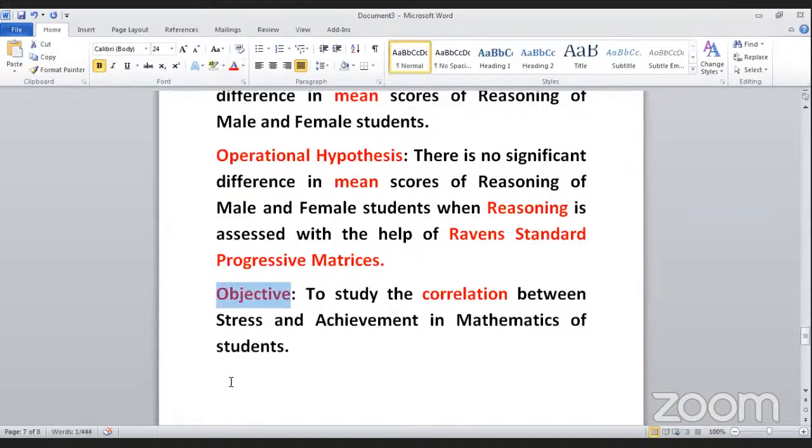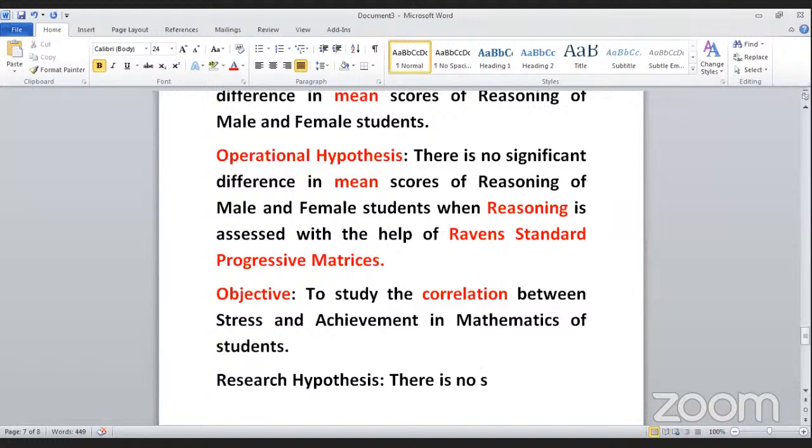So if I have to write my research hypothesis, then how do I write it? My research hypothesis is, please see, I am writing the hypothesis in the null form. But if you have a strong base, you can formulate the hypothesis in the directional form, no problem.